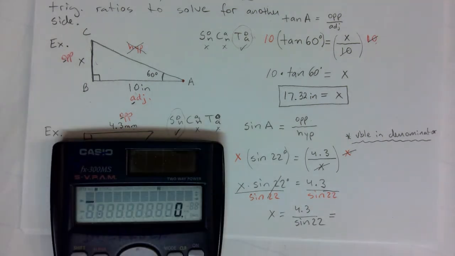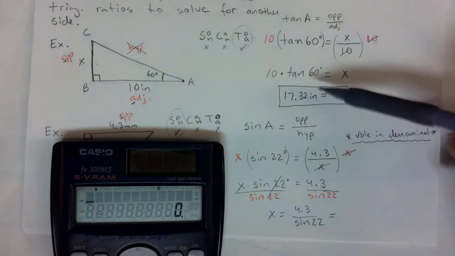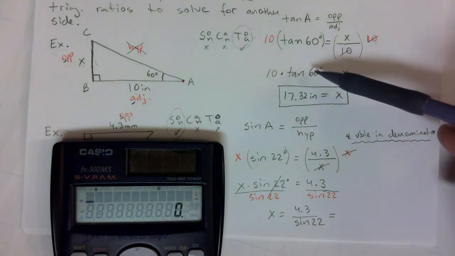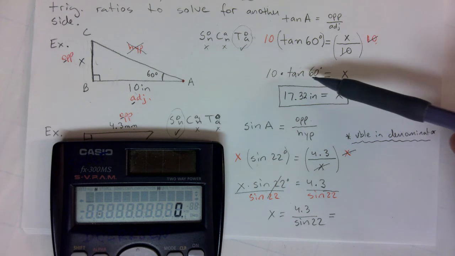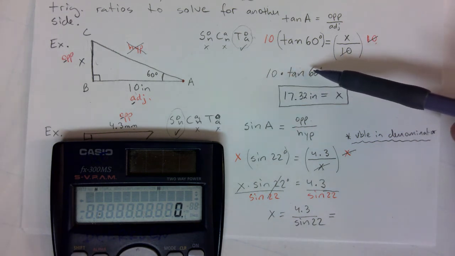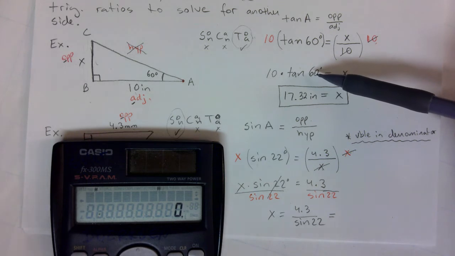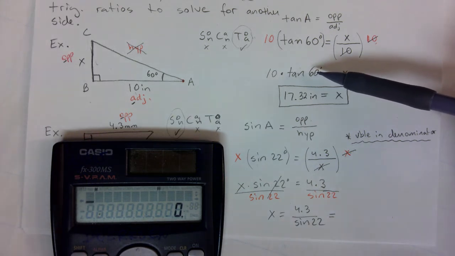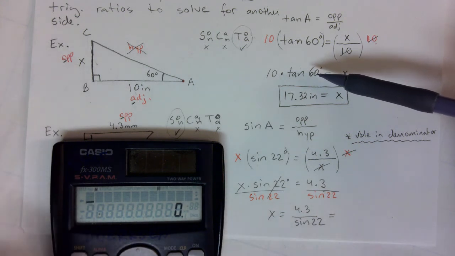So I will show you how to do that. And actually, I should have gone back here and just, if you can't type it in the way it is because you have a different calculator, okay, then you need to do as follows, okay? You need to go 60. I can't do it with this calculator.